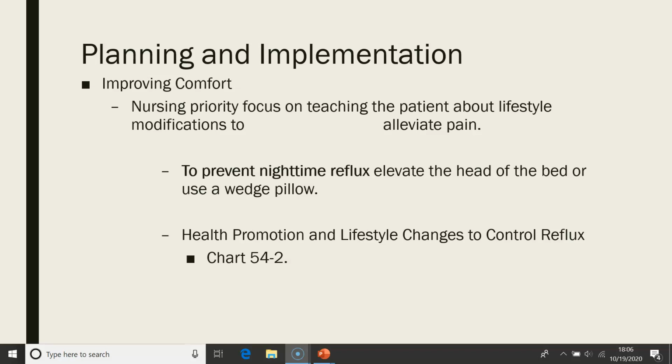In this chart, you see health promotion and lifestyle changes to control reflux. It talks about eating 4 to 6 small meals a day, and eliminating fatty and fried foods, colas, coffee, and tea. It's just not sounding very fun. Reduce or eliminate spicy foods from your diet, especially if they cause problems for you. Don't snack in the evening and don't eat anything 2 to 3 hours before bed.